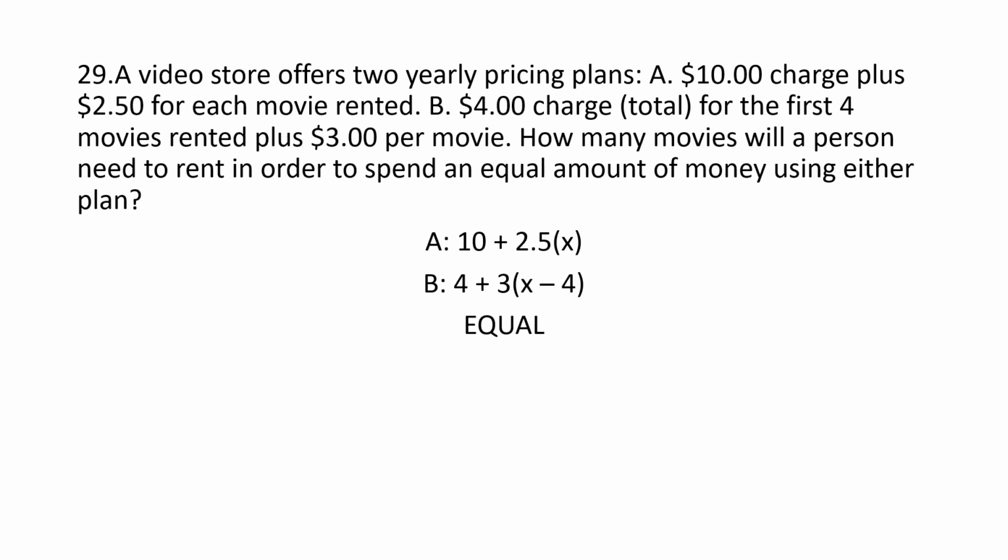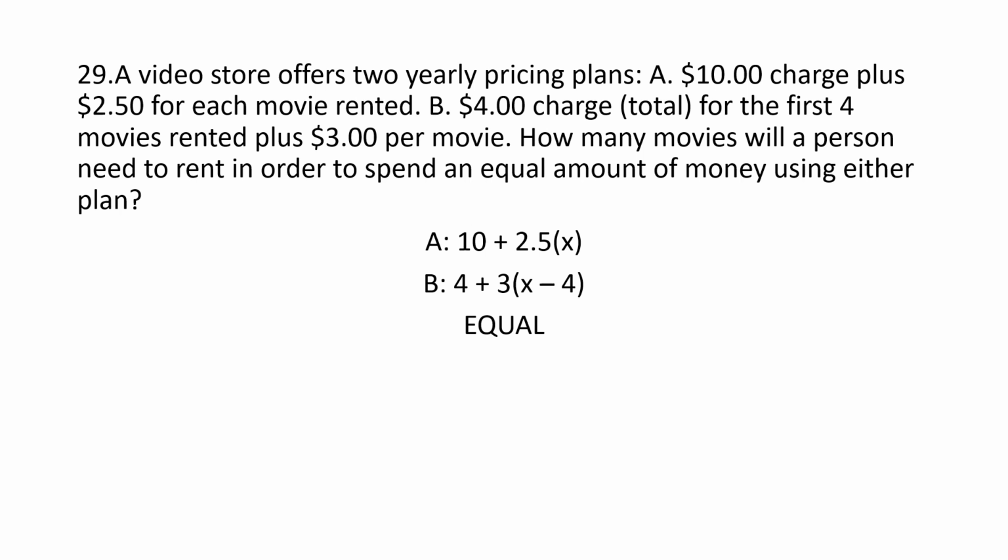A video store offers 2 yearly pricing plans, A and B. A charges $10 plus $2.50 for each movie rental. So $10, the flat fee, plus $2.50 times x, because x is how many we rent. B charges $4 for the first 4 movies rented, plus $3 per movie.